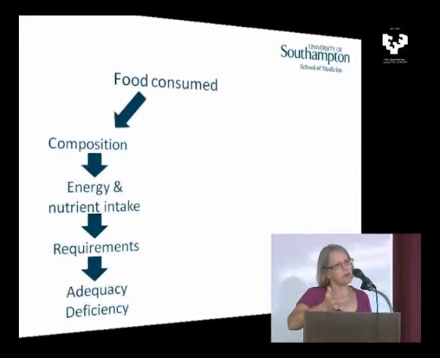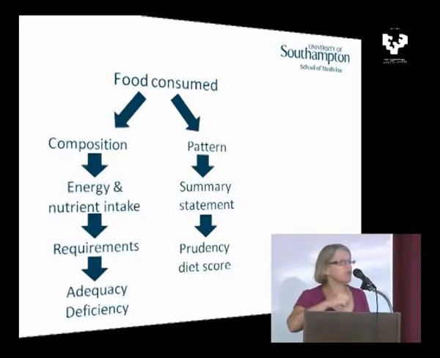We then look at requirements, and then we decide what the adequacy of the diet is. But there are some big assumptions in there. It's a big assumption that the food composition tables are right. It's a big assumption that we know what requirements are. That's a whole other lecture which I won't go into. And then there's also a big assumption that we know what adequacy is. So there are a lot of issues in there, although it looks quite simple.